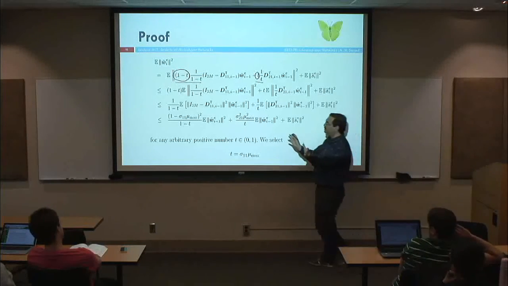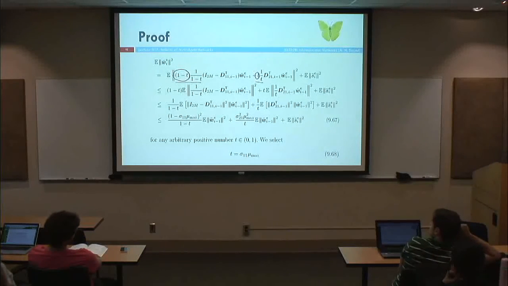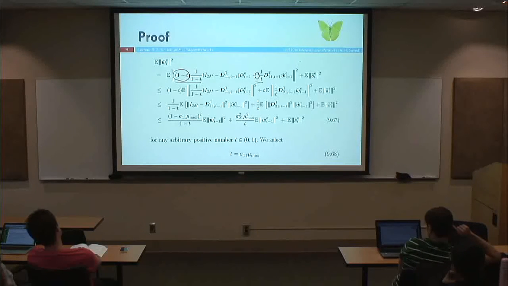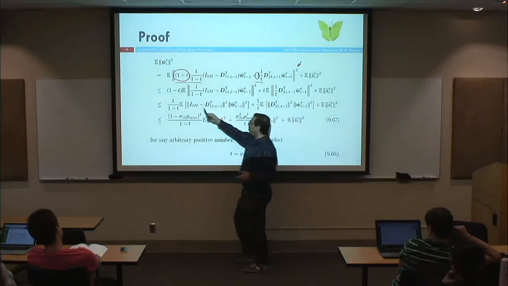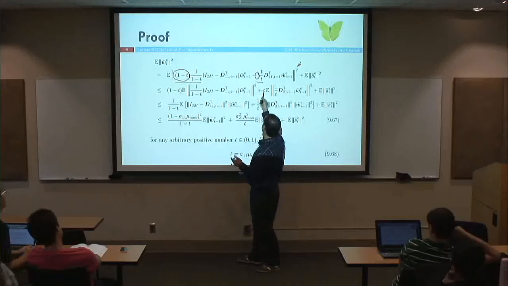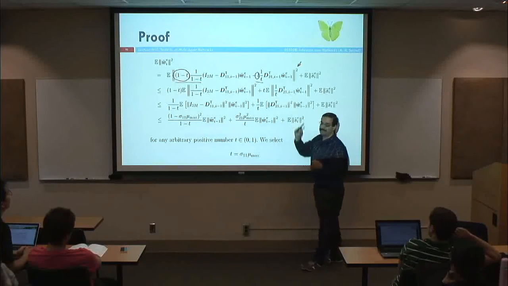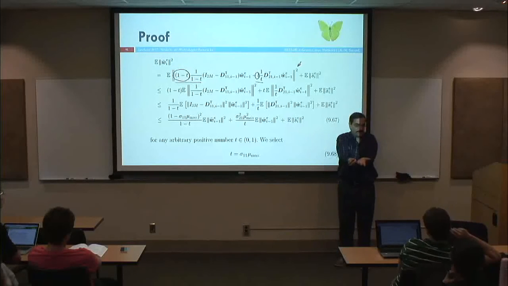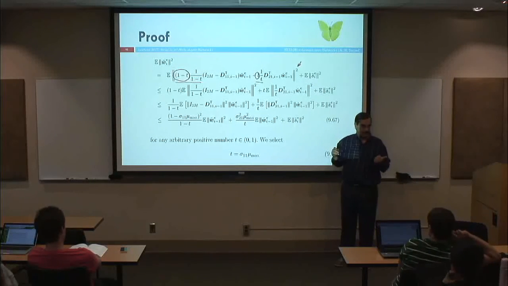Therefore, the expected value of the square of that, from Jensen's inequality, will be upper bounded by the convex combination, T and 1 minus T, of the individual quadratics. Correct? That's what Jensen's inequality tells you, because this is a convex function. Okay, are you following?